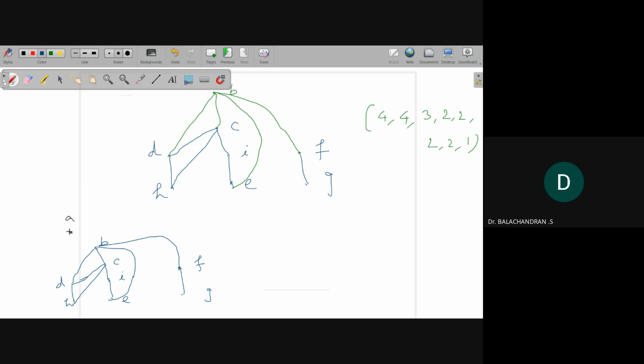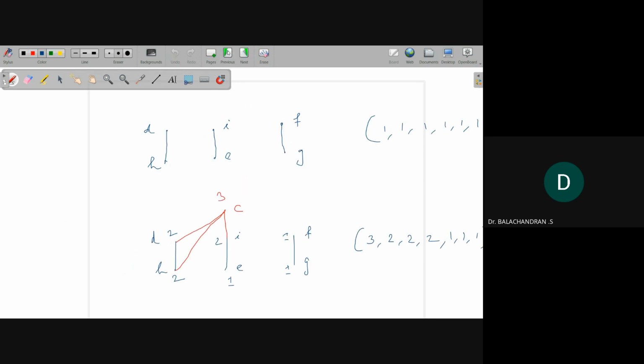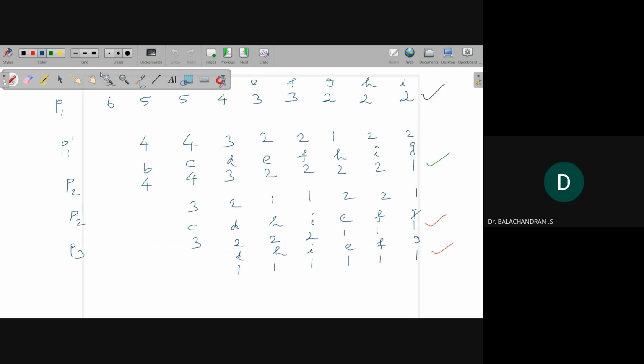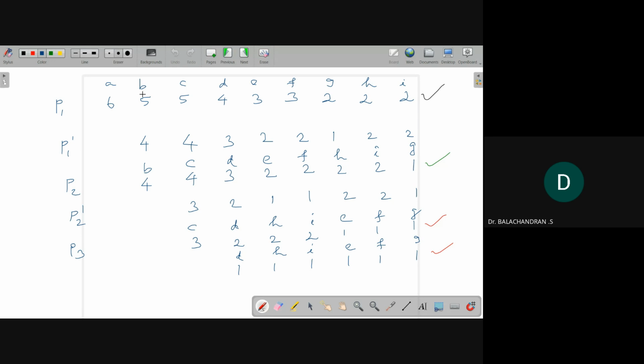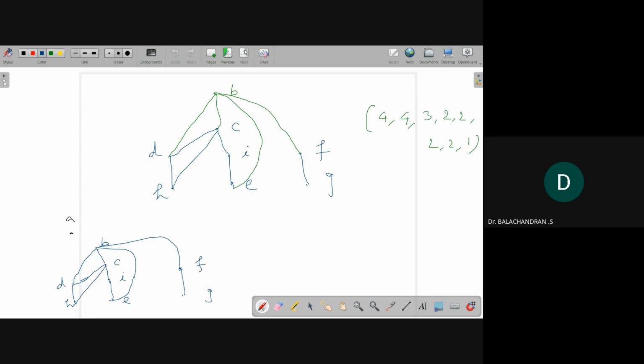Now I introduce A. A is degree 6. I'm going to add this A with 6 degrees to B, C, D, E, F: 1, 2, 3, 4, 5, 6, up to G. I am going to add one to each.